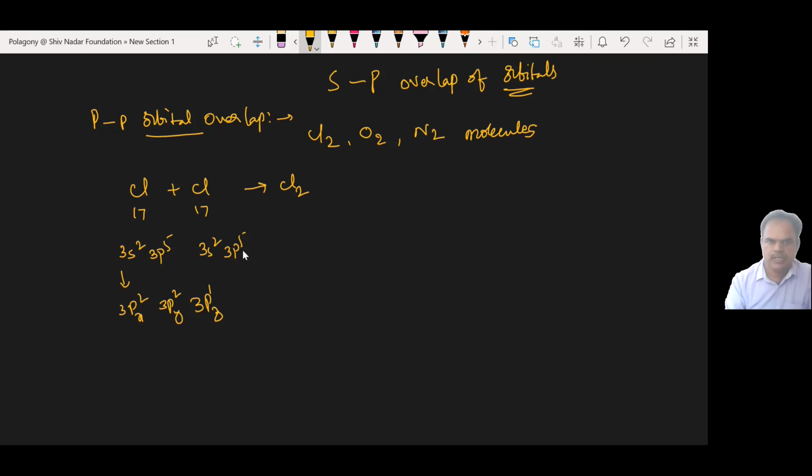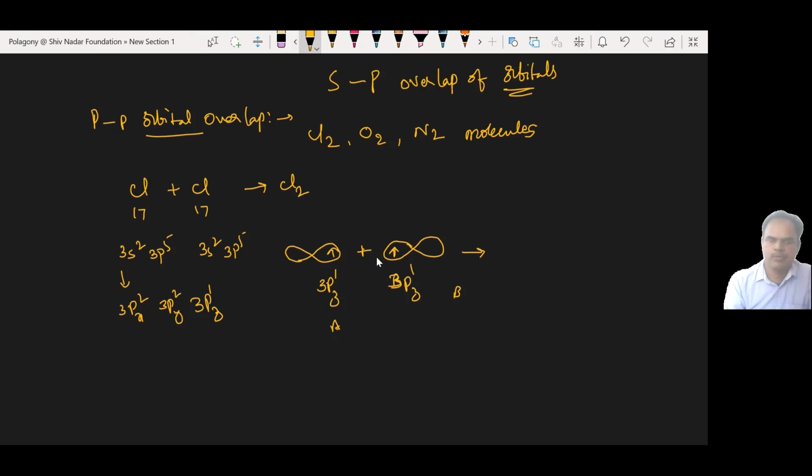That means each chlorine atom has only the 3pz orbital with an unpaired electron, and only this orbital participates in chemical bonding. Here is the 3pz1 of another chlorine atom. This is chlorine B atom, and this is chlorine A atom, having their respective 3pz1 electrons.